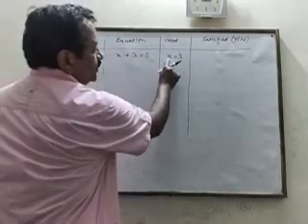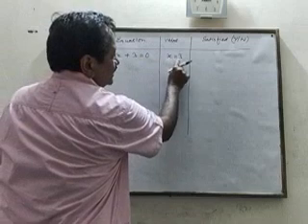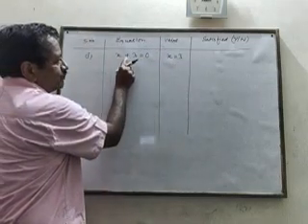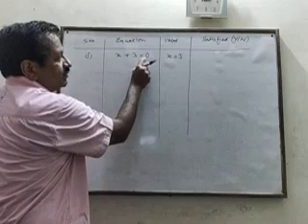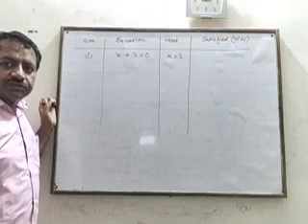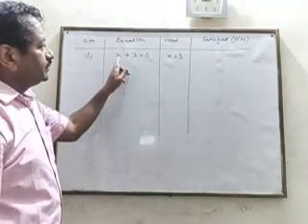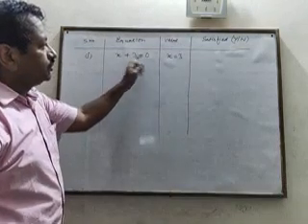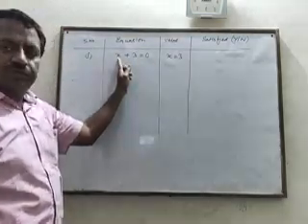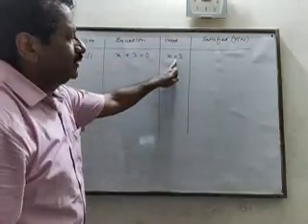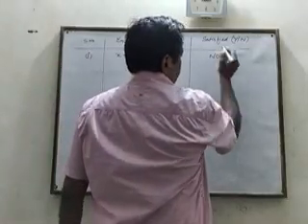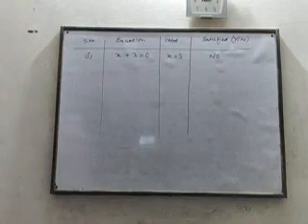So if I put 3 in place of x, you can see that 3 plus 3 is not equal to 0, because 3 plus 3 is equal to 6. But here it is written equal to 0. So our left hand side is not equal to right hand side at x equal to 3. Therefore at x equal to 3 it is not satisfied.